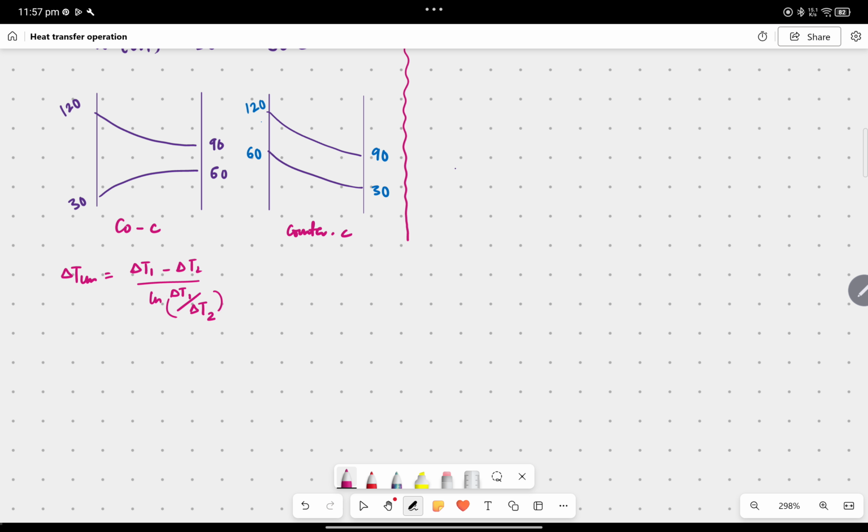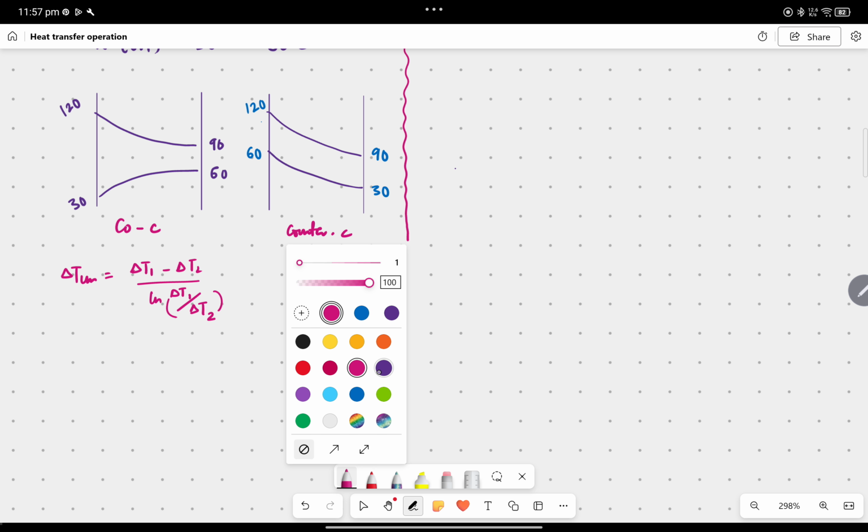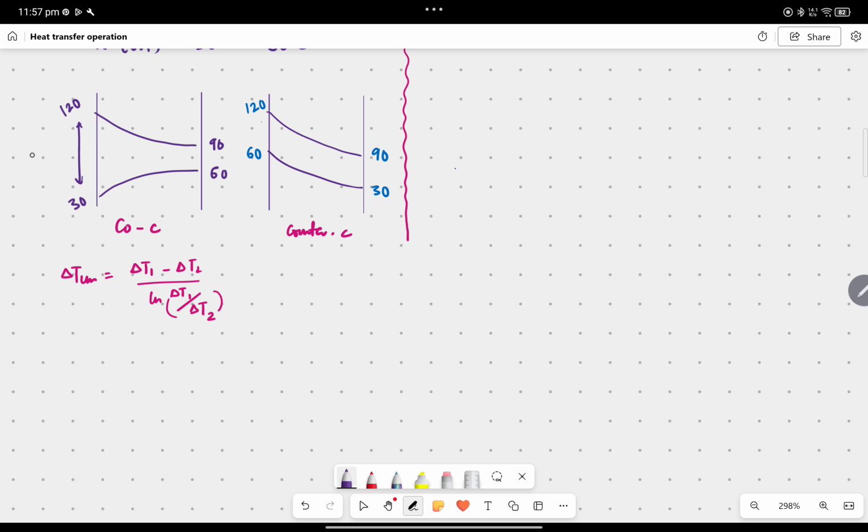Now in co-current, we have to find out delta T1. For this part, delta T1 is 120 minus 30, which is 90. And for this part, delta T2 is 90 minus 60, which is 30.